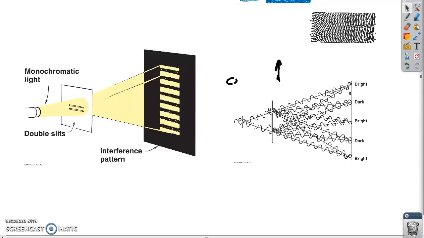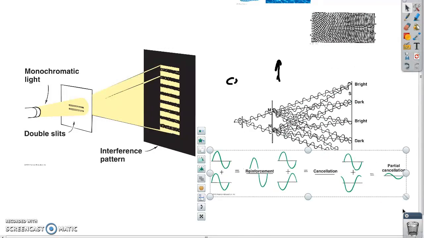Now, which they do depends, like we showed, just upon how they line up with each other. If they're both going up at the same time and down at the same time, that would be a positive type of interference. The two waves interfere with each other, but since they're in sync, or in step, they're reinforcing each other, and you get a brighter light.